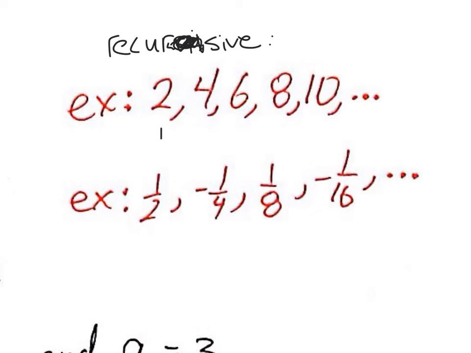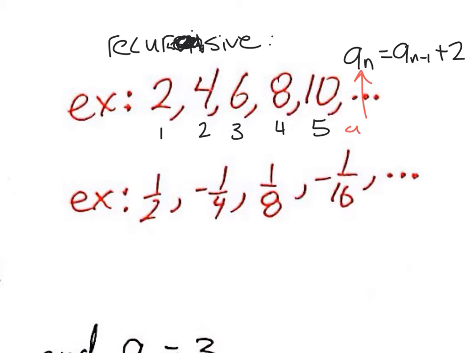So here's our first term, here's our second term, here's our third term, here's our fourth term, here's our fifth term. And we've already done this. We've come up with the explicit formula. But if we have a term, what is it in relation to the previous term? So do you see how 10 is 2 more than the previous term? So what we would say is that a sub n is equal to a sub n minus 1, meaning the previous term, plus 2.